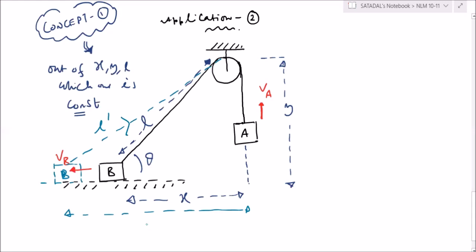So X prime is greater than X, but Y remains unchanged. So this is the quantity which remains constant. So out of X, Y, and L, which one remains constant? It is Y which remains constant. Put your hands down, please.